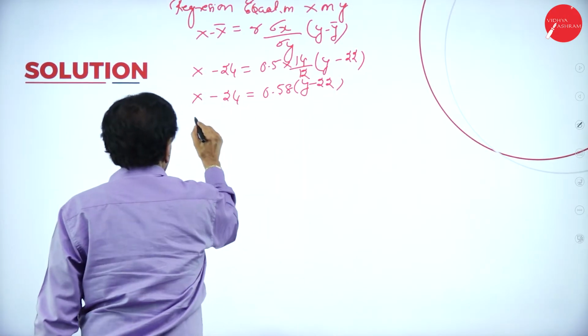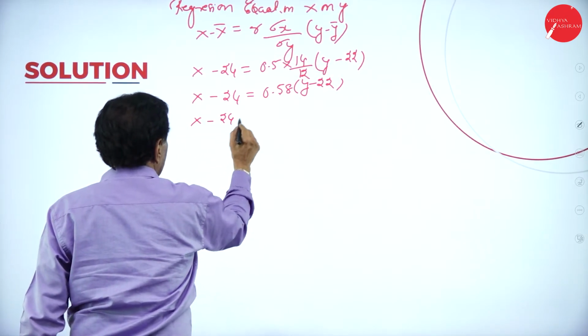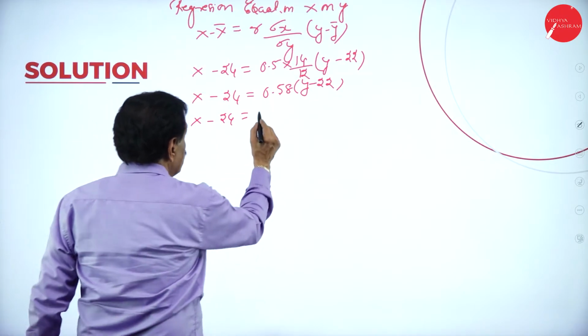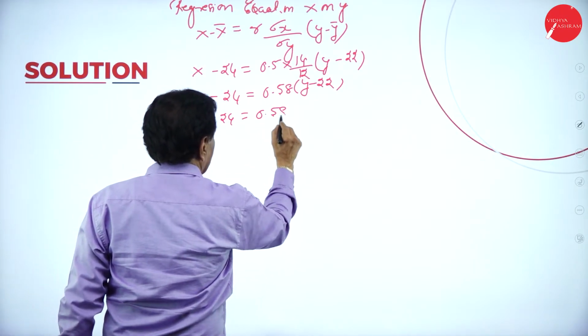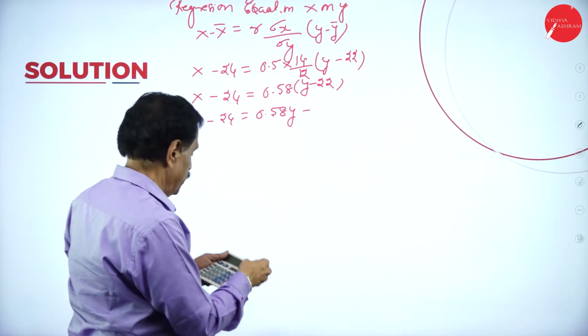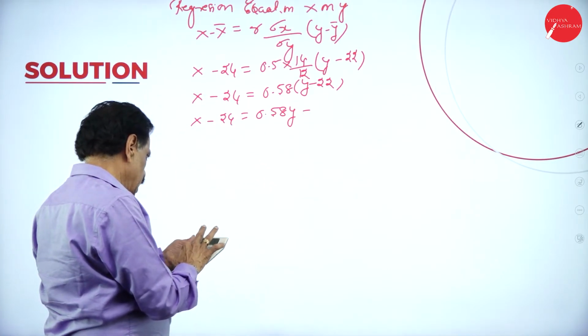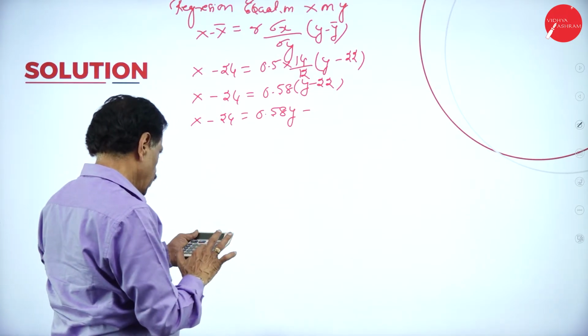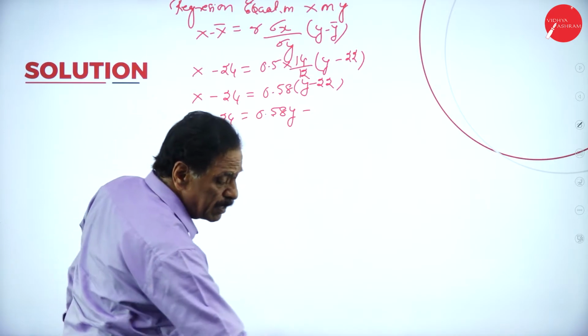Simplify. X minus 24, 0.58 into y is 0.58y, 0.58 into 22 is 12.76.